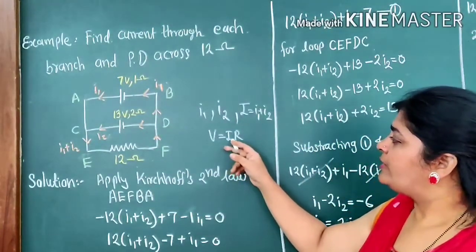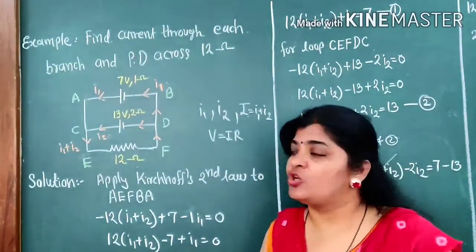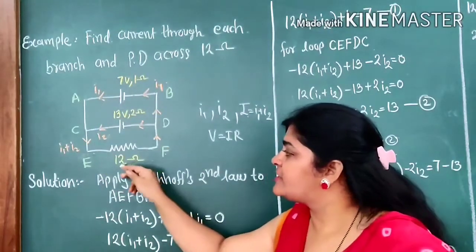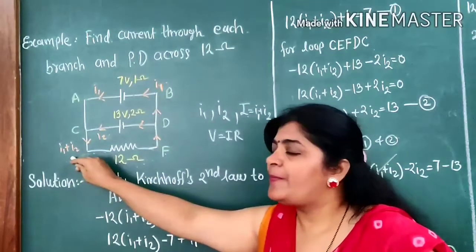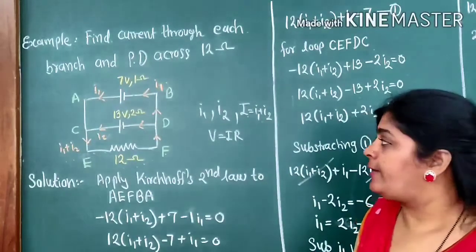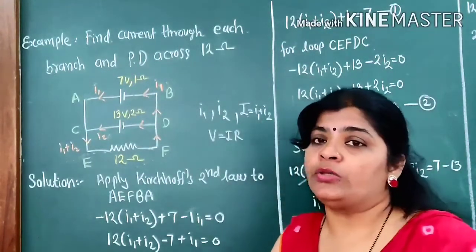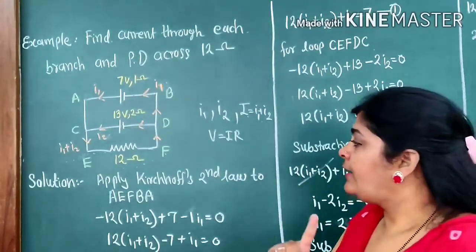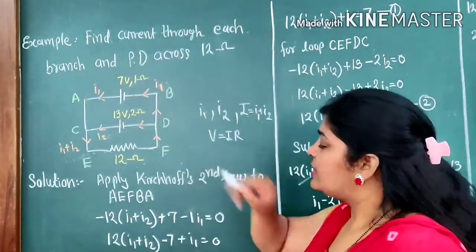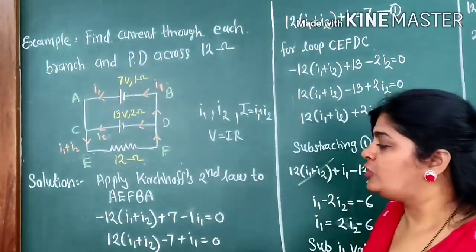The total current in this branch flowing through the 12 ohm resistance is I1 plus I2. Therefore, we have to calculate the total current I. To find it, we must know the values of I1 and I2. That's why, using Kirchhoff's second law, we are finding the values of I1 and I2.